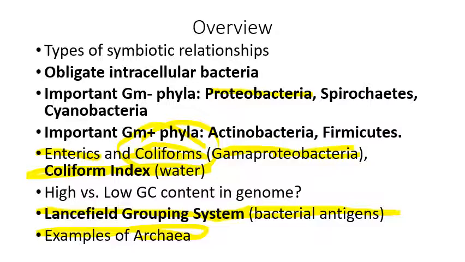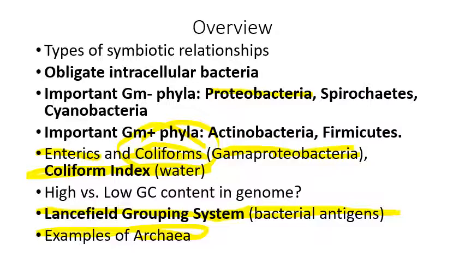The enterics are members of the phylum Proteobacteria, so these are gram-negative. They live in the gut of animals, in the intestine of animals. And what happens is that they are frequent causes of sewage contamination of water or milk, and that's the only reason why we care about them.